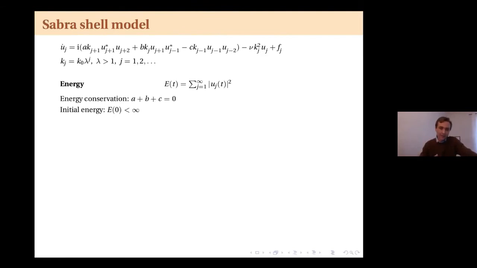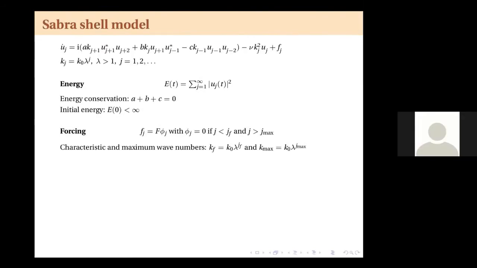One can have a direct energy cascade or an inverse energy cascade, but I will stay general and only consider this condition. No other condition is applied on A, B, and C. And of course, this is not surprising. I'm assuming that at the beginning, this sum converges.